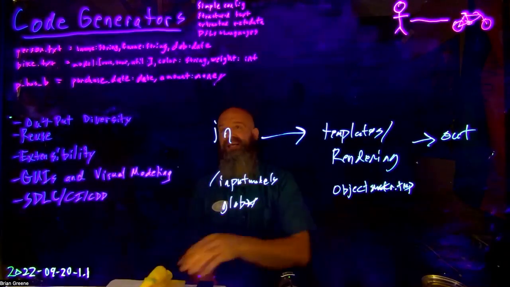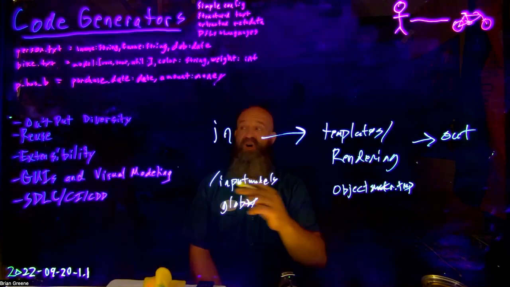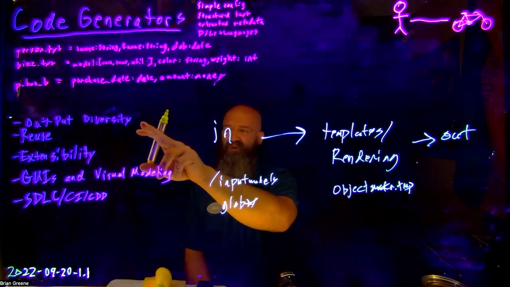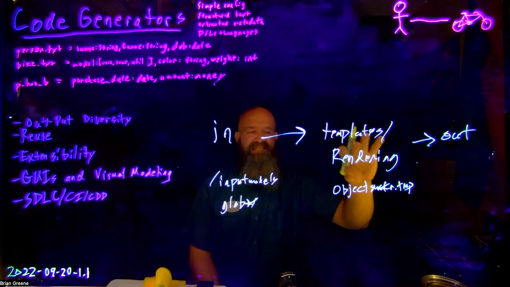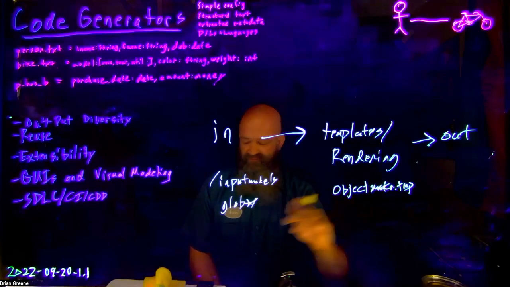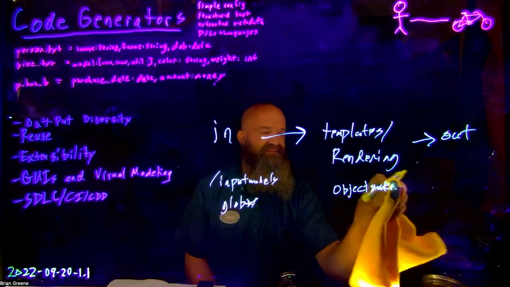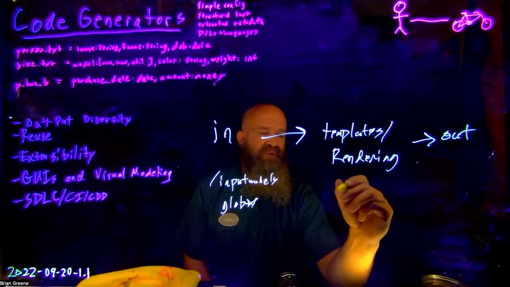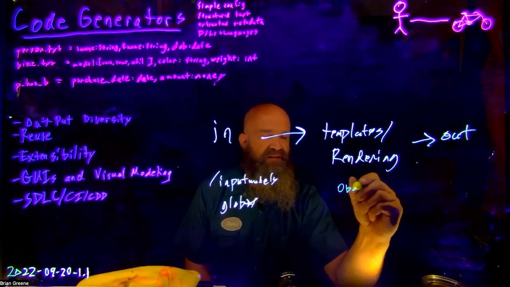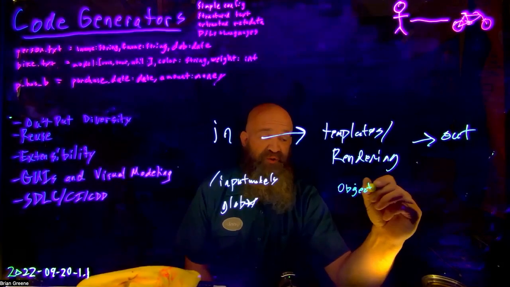So let's talk about output diversity, right? In our templating engine, what we frequently have is, let's say we're going to do something goofy, right?